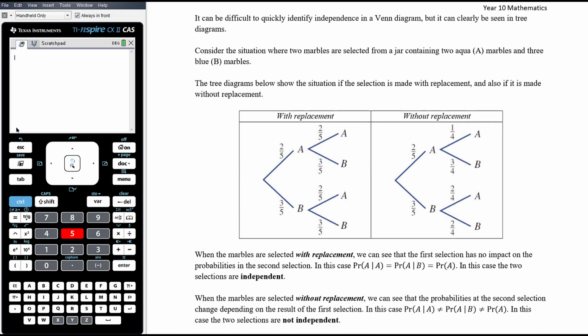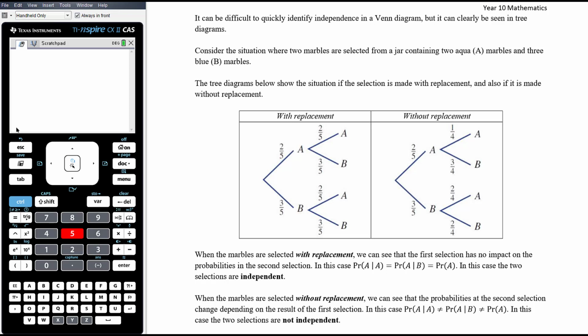Okay, so it can be difficult to quickly identify independence in a Venn diagram, but it can be clearly seen in tree diagrams. If we look at the situation where 2 marbles are selected from a jar containing 2 aqua marbles, which is A, and 3 blue marbles, which is B, the tree diagrams below show the situation if the selection is made with replacement and also without replacement.